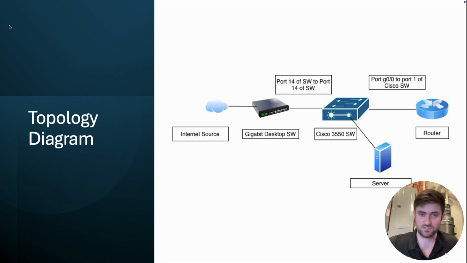So we have the internet source here, the ISP modem, which connects to a little TP-Link uplink switch on port 14, which connects to port FA0/14 of my Cisco 3550 switch. So that's my WAN uplink, my internet access switch. Then I have my switch connecting to my router on port FA0/1 to port G0/0 of the router.